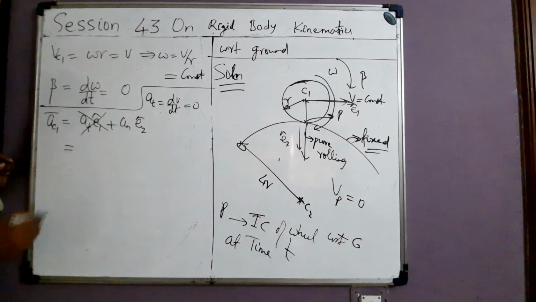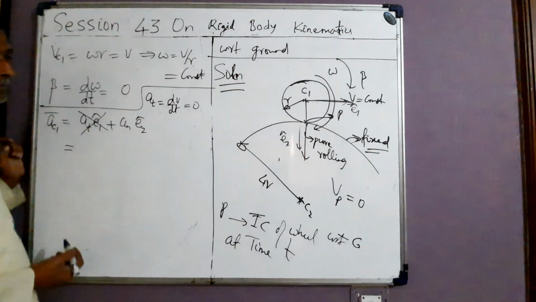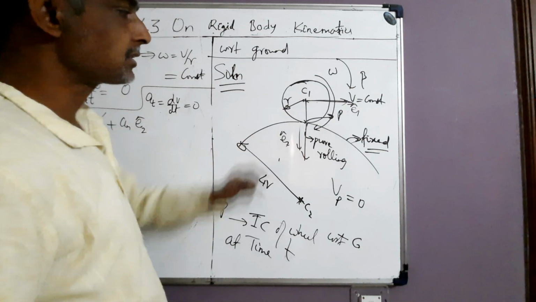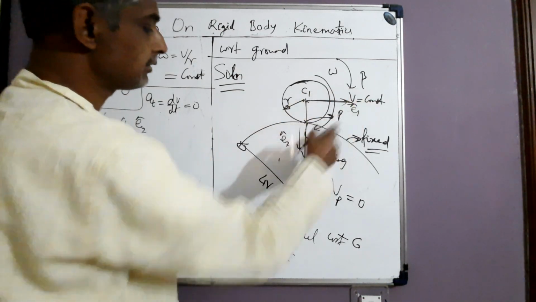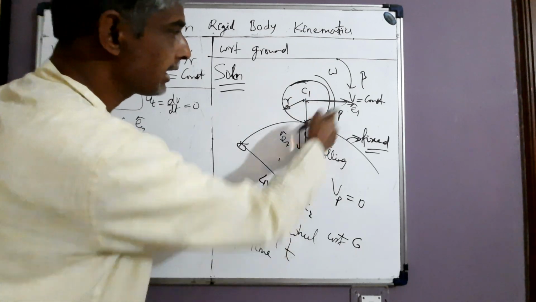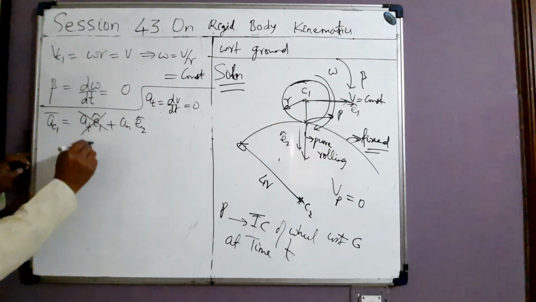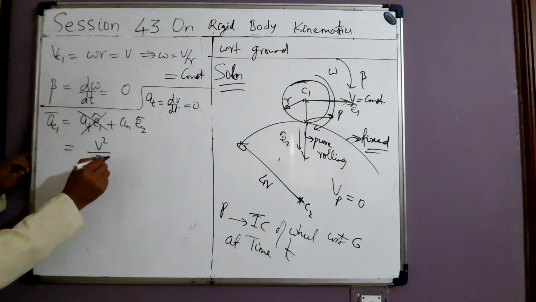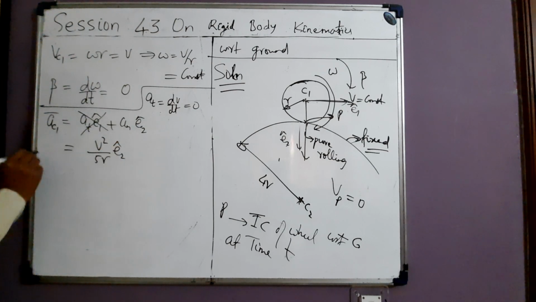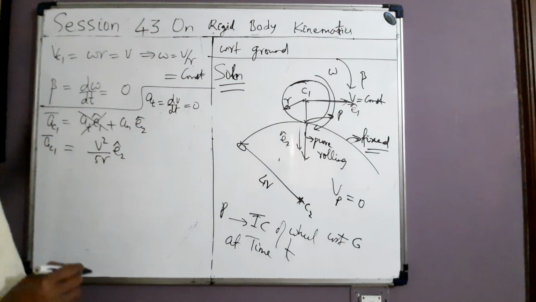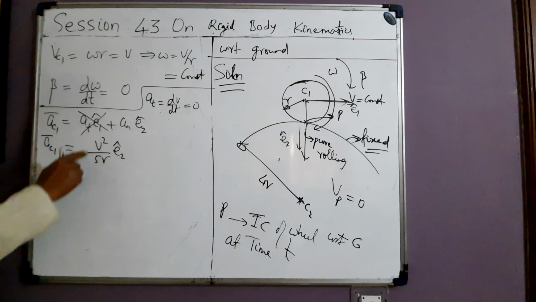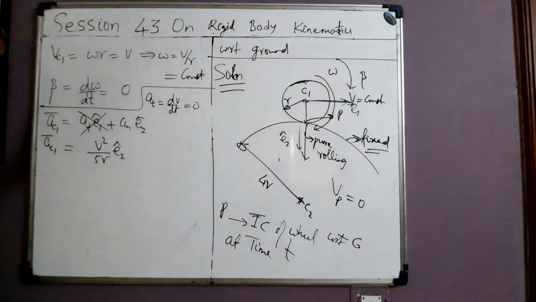So this term goes away. We are left with AN, the normal acceleration of center C1. Now C1 moves in a circle with center at C2 and radius 5r at a constant speed v. So normal acceleration becomes v square by 5r into e2 hat. So this is AC1. The acceleration of center C1 of the wheel with respect to ground is v square by 5r e2 hat, and that is in the downward direction.